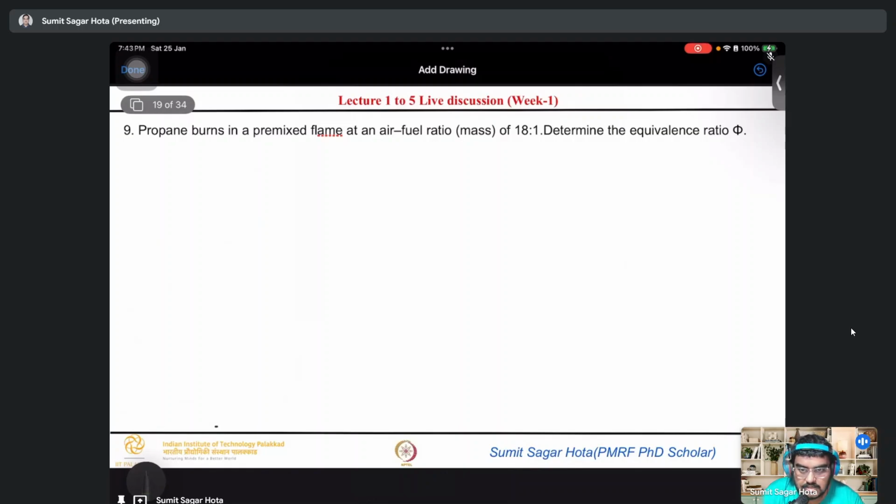The propane burns in a pre-mixed flame at an air-fuel ratio of 18:1. Determine the equivalence ratio phi. Okay, so let's write down.